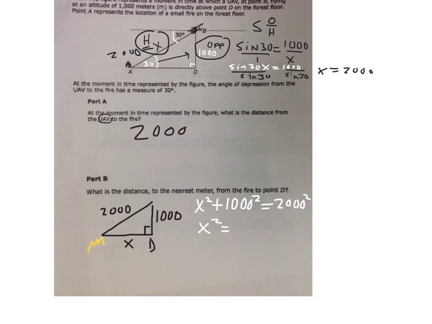So x squared is 3 million. And square rooting that brings me to the length from the fire to point D, which would be about 1,732.